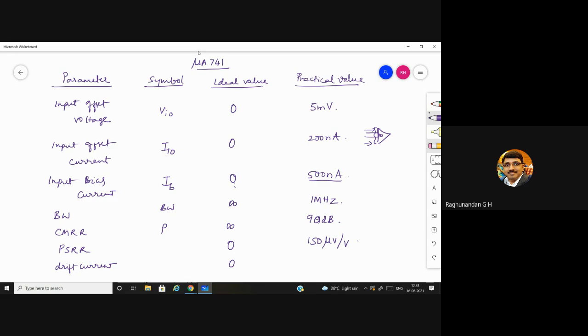But practically, 0.1 nanoamperes of current will vary per degree Celsius. There will be that much variation. So these are all the parameters. Along with this, open loop gain, input impedance, and output impedance, you need to remember.